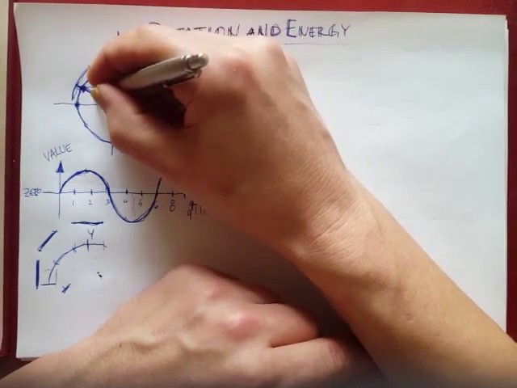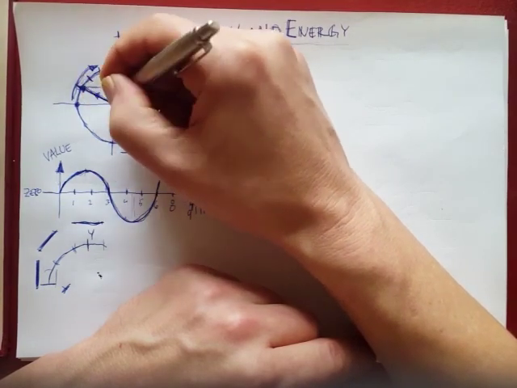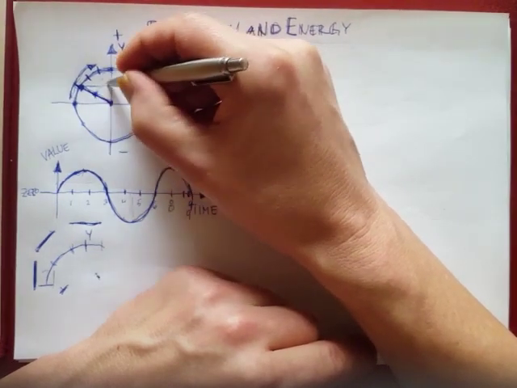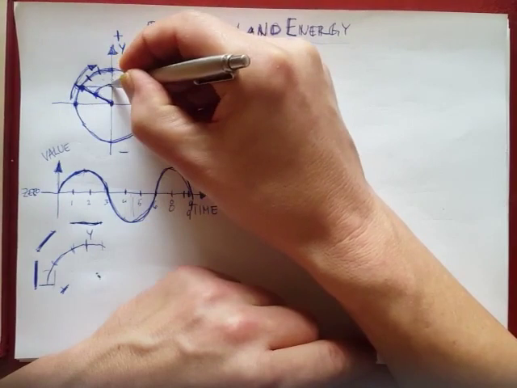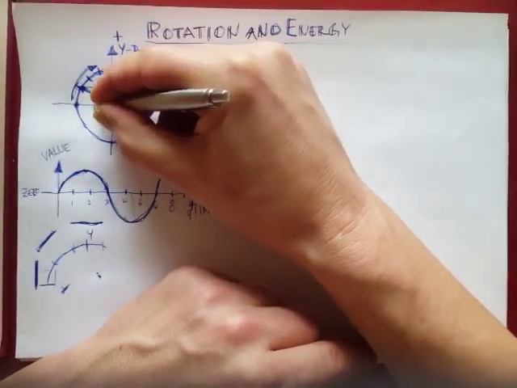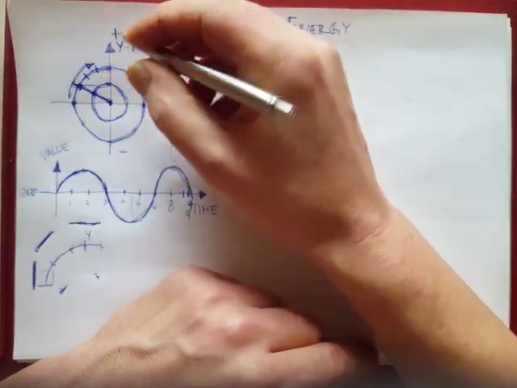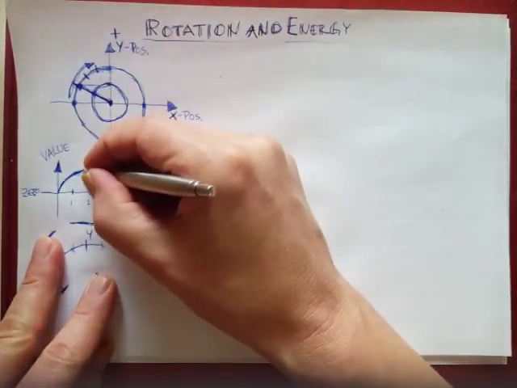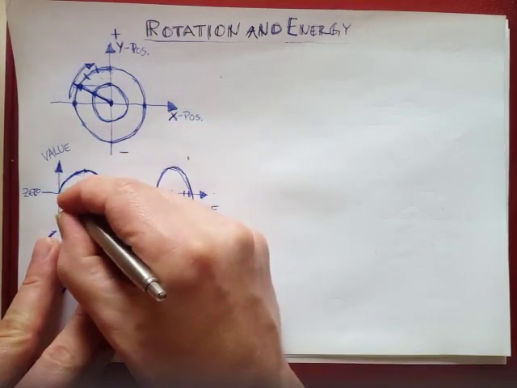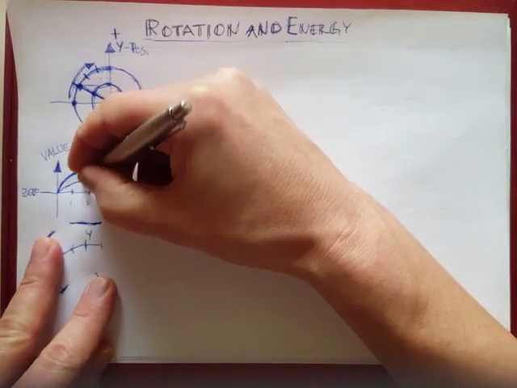What I want to say, if we make this handle twice the length, then it means that the maximum y value will be twice, and we will have a circle like this. And I think it should be quite obvious that this wave here now would be half the size.